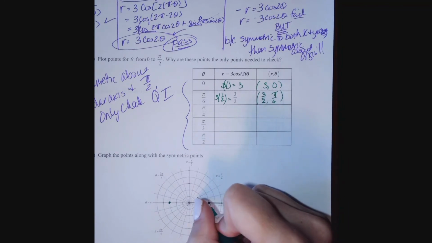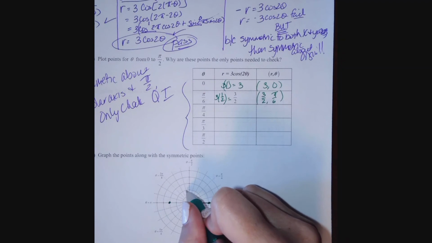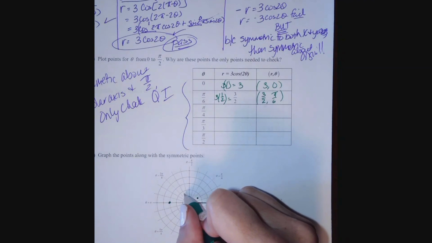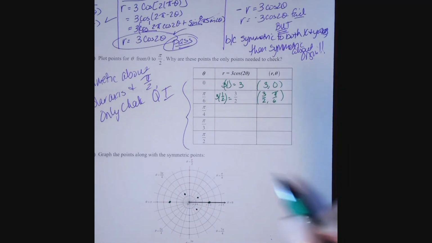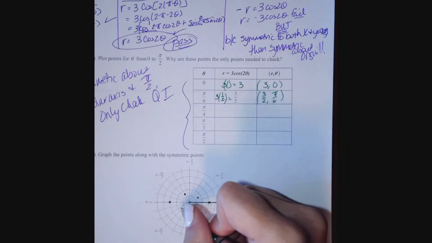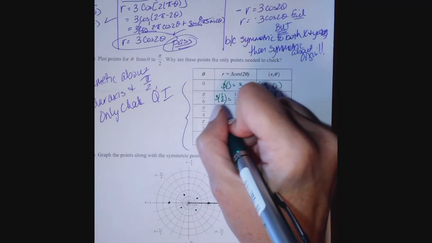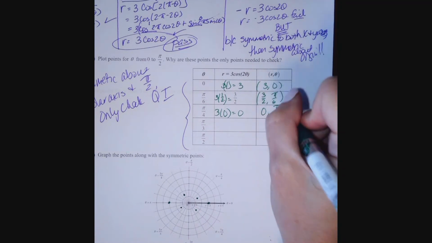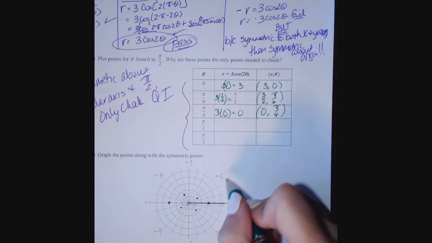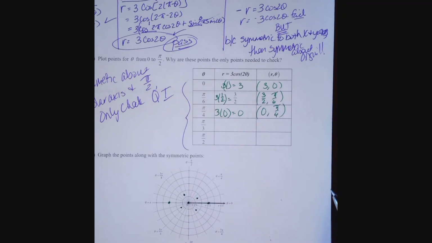And that's going to reflect down at 1.5 here, and it's going to reflect over 1.5 there, and then that's going to reflect down, right? So, okay. And then at pi fourth, we have 3 times 0, so 0 at pi fourth. So at pi fourth, we have sucked back up into the origin at all of the pi fourths.